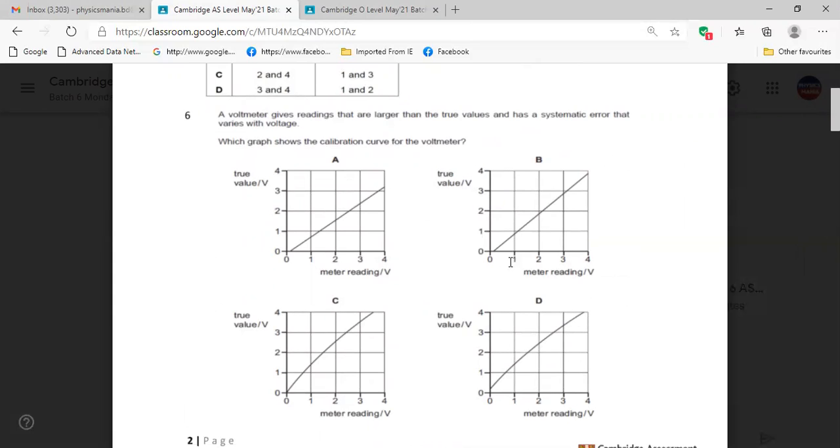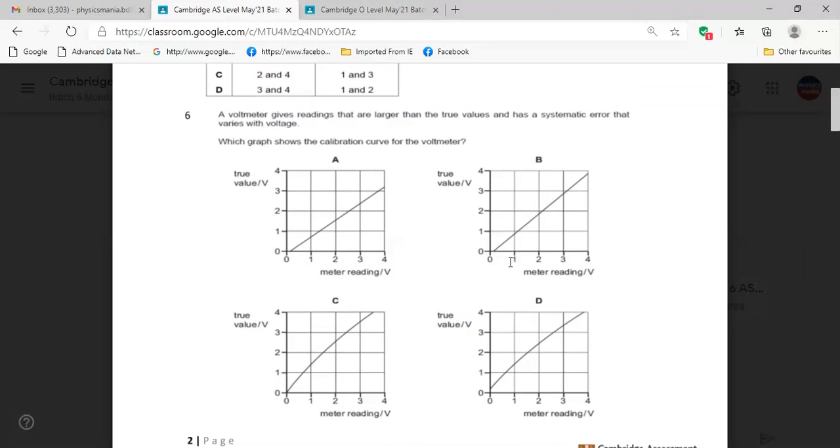Yes sir. Please read it. Question number 6. A voltmeter gives readings that are larger than the true values and has a systematic error that varies with voltage. Which graph shows the calibration curve for the voltmeter?